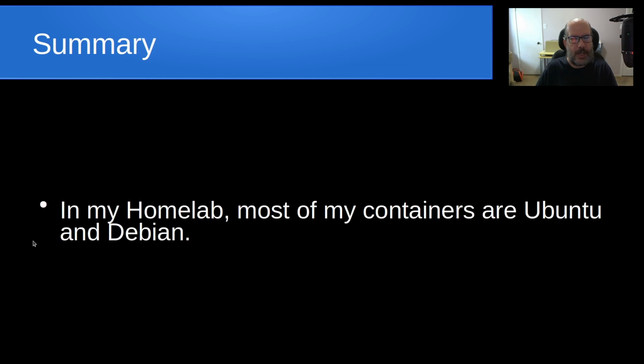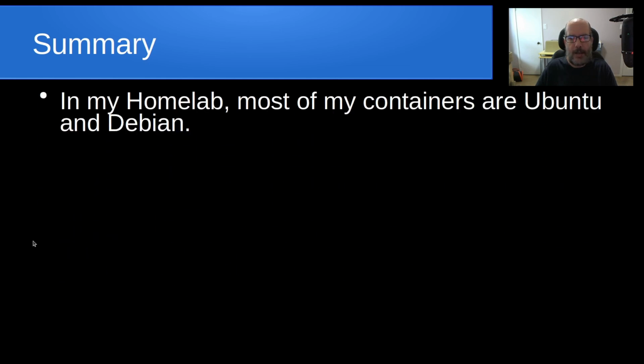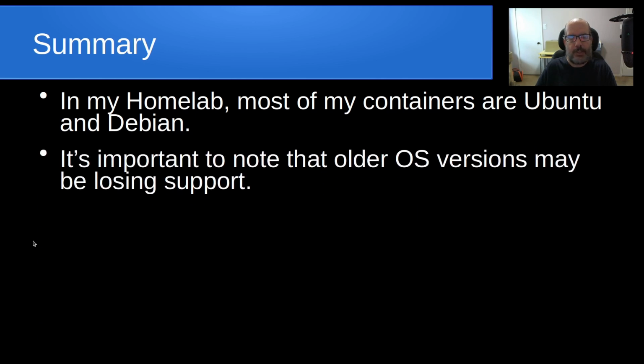So in summary, in my home lab, most of my containers are Ubuntu and Debian. And so it's important to note that older OS versions may be losing support. That is, they may not provide any upgrades in the future, but more importantly, they might not provide any security patches.